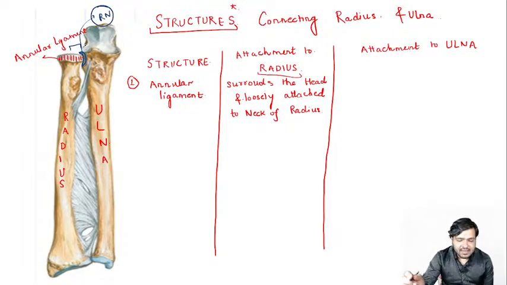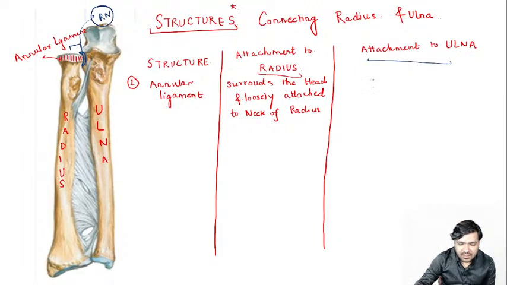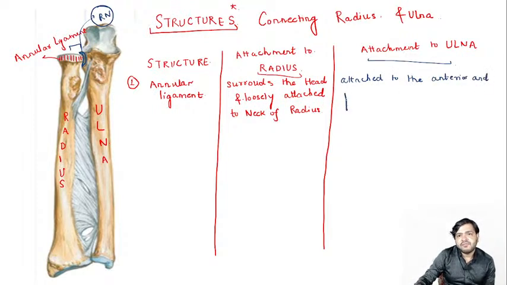Which joint is this? Meanwhile, I will complete the statement that on the ulna it is attached to the anterior and posterior borders of the radial notch.